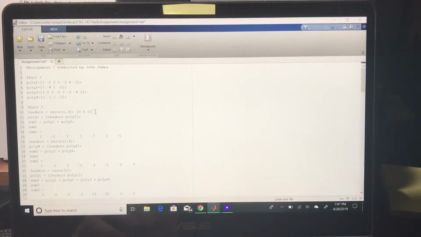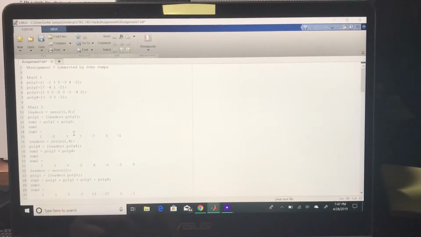And you're adding these 3 zeros in here, in the poly 2. So after having both polys in the same matrix, you can add them up.